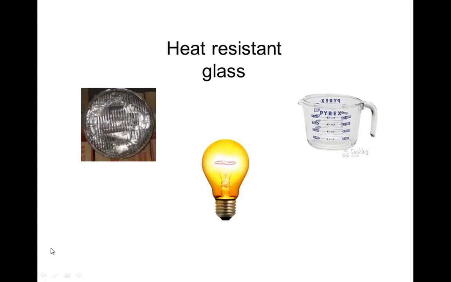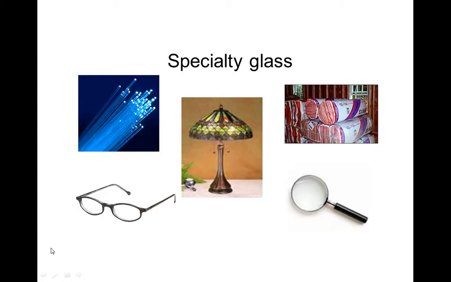Heat-resistant glass, which might be bakeware, some of the glass in the various light bulbs or sealed beam light bulbs, and also specialty glass that's going to have a special property imparted in that glass itself. So a lot of times it might be magnifying glasses or glasses that have special refractive properties, also stained glass.